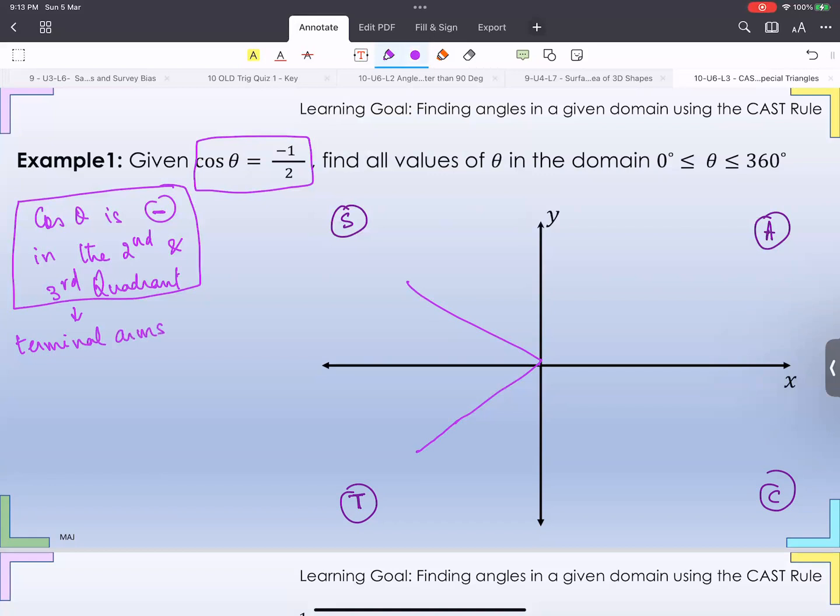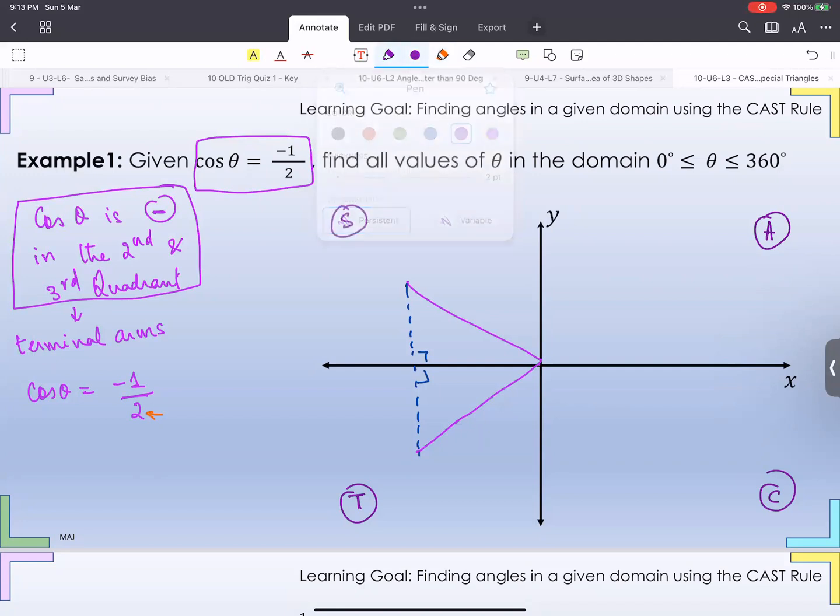Okay, and of course, whenever you draw the terminal arm, without fail, you're going to drop a perpendicular along with it, right? So you have a 90 degrees and a 90 degrees. Now, cos theta is adjacent over hypotenuse, right? Cos theta is -1/2. The hypotenuse is always positive, right?